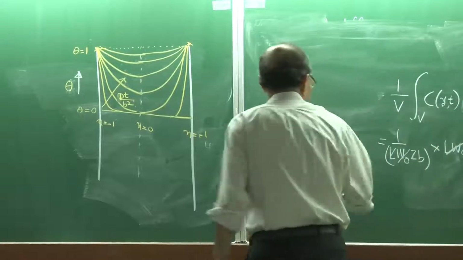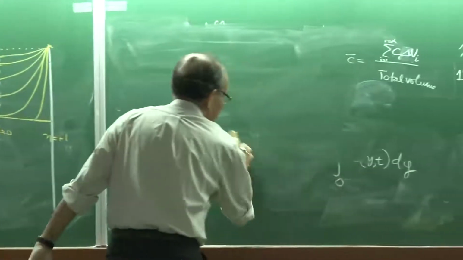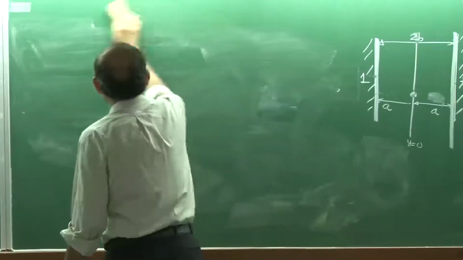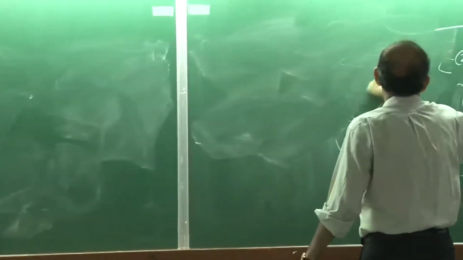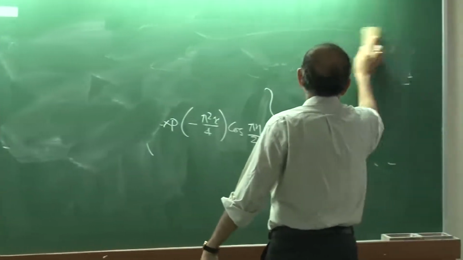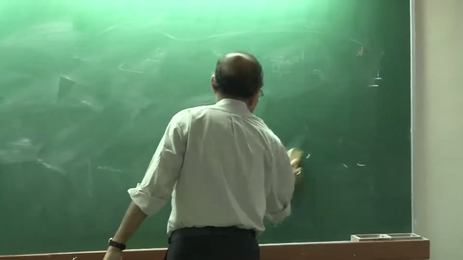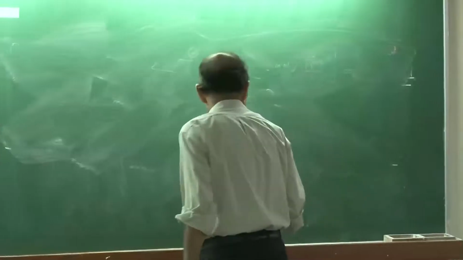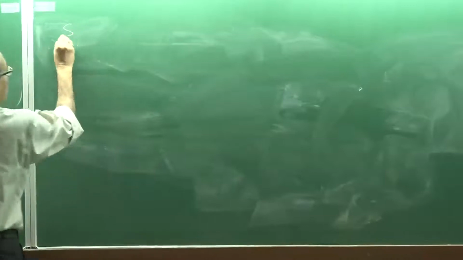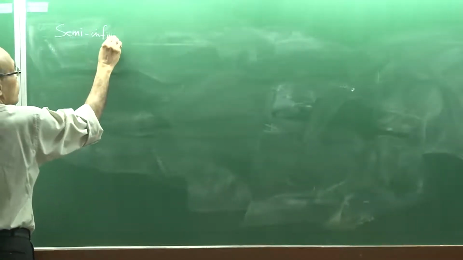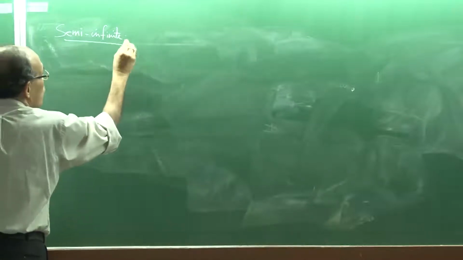Let us start talking about the semi-infinite geometry, where the standard error function solution will come, and here also we consider mass transfer in a semi-infinite geometry, or thick slab geometry.